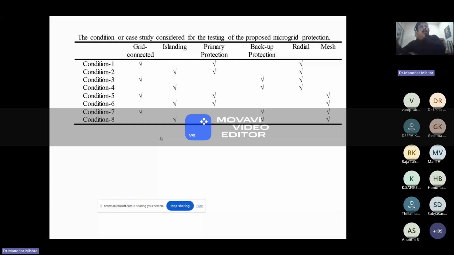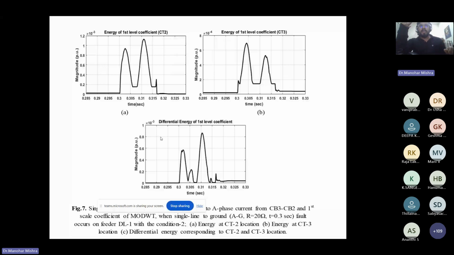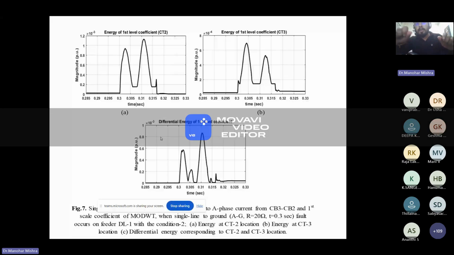The energy value, the energy level of the first level, and this is the differential energy. We collect from CT2, or bus 2, and bus 3. If there is a line 1 fault and we differentiate the energy values, then we get a diagram like this.